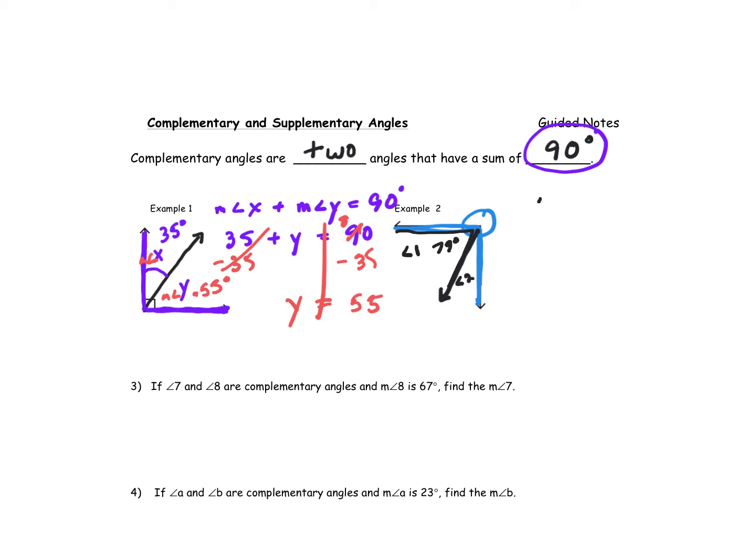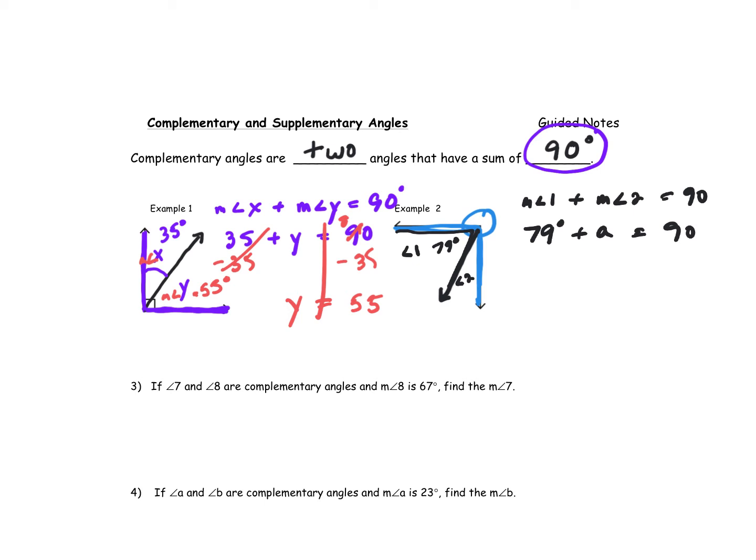The measurement of angle 1 added to the measurement of angle 2 should equal 90 degrees. We know the measurement of angle 1 is 79 degrees, plus the measurement of angle 2, which we don't know, but we'll call it A, and that is going to be 90 degrees. So like the last one, we would solve it.